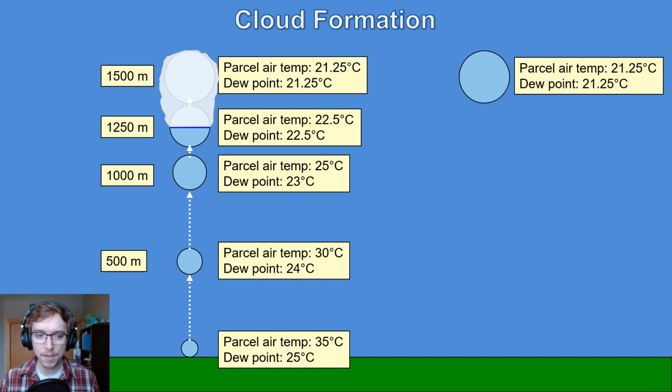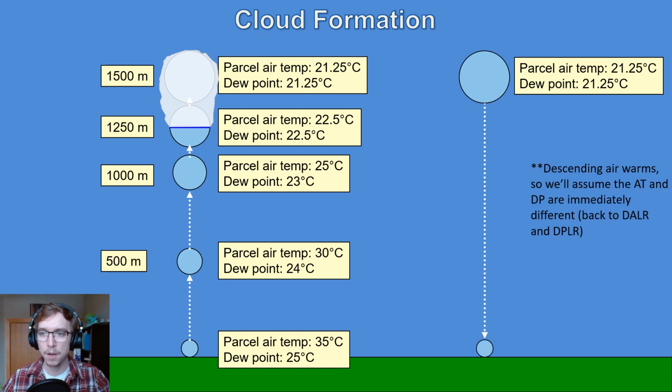That lets us say, okay, the air parcel is no longer saturated. We can revert back to using the dry adiabatic lapse rate and the dew point lapse rate to calculate the increase in temperature as that parcel of air drops back down to the surface of our planet. So what does that look like as we are going from here to here? Again, descending air warms, we'll assume AT and DP are immediately different, back to using our dry adiabatic lapse rate and our dew point lapse rate.